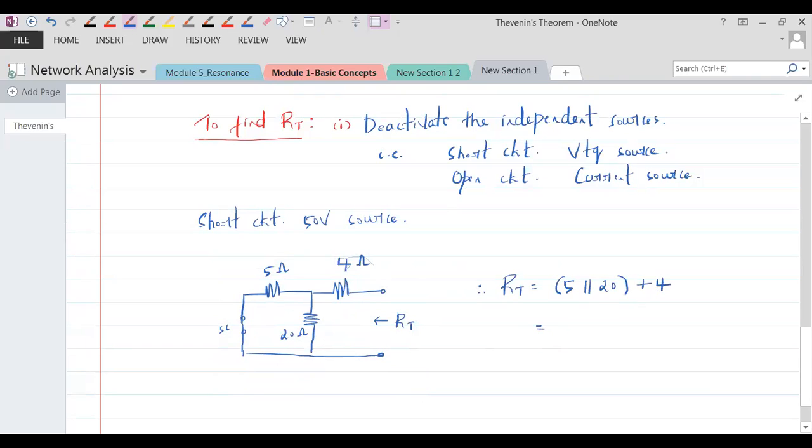What is 5 parallel 20? It's 5 into 20, divided by 5 plus 20. This plus 4 is there anyways.